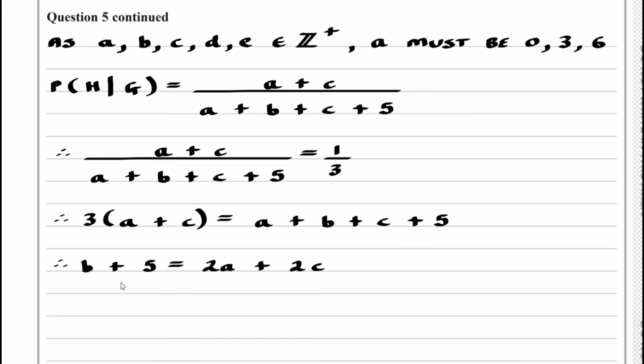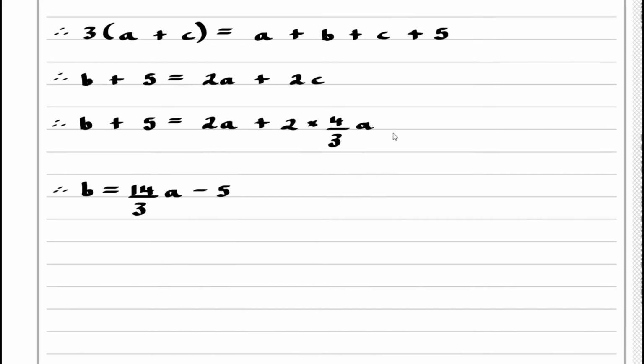Well, we would have B plus 5 equals 2A plus 2C. But we know what C is. That's equal to 4/3 A. So we have B plus 5 equals 2A plus 2 multiplied by 4/3 A. And if we simplify, B is equal to 14/3A subtract 5.